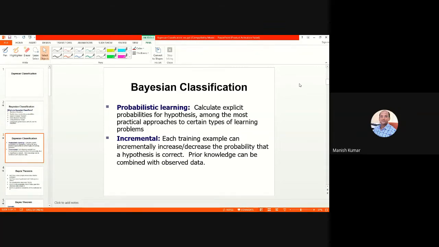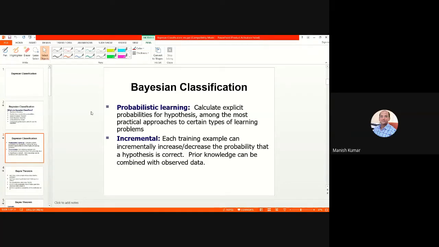Probabilistic learning means it uses explicit probabilities for hypotheses, and is among the most practical approaches to certain types of learning problems. Incremental means that each training example can incrementally increase or decrease the probability that a hypothesis is correct. Prior knowledge can be combined with observed data.